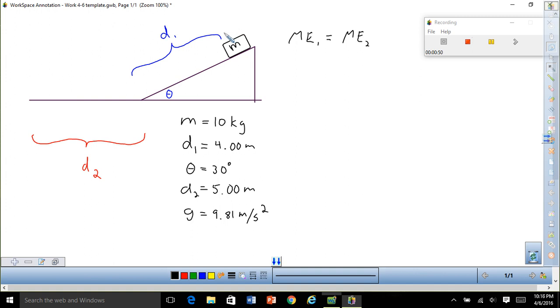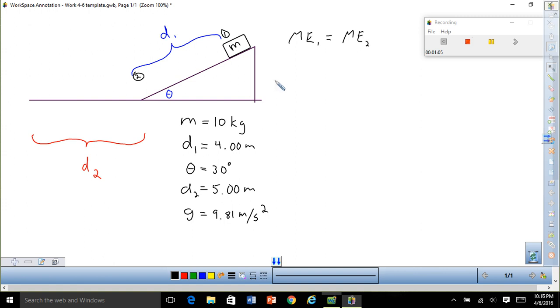So we'll be taking it from point 1, sliding down to point 2. Since that occurs along a frictionless ramp, the conservation of mechanical energy is valid. This corresponds to questions 4, 5, and 6 on the Work and Energy Part 2 homework.